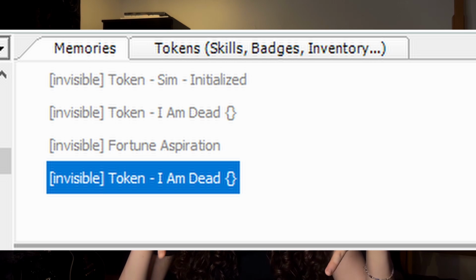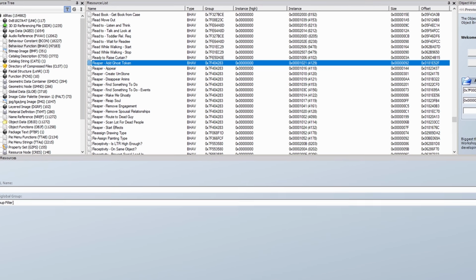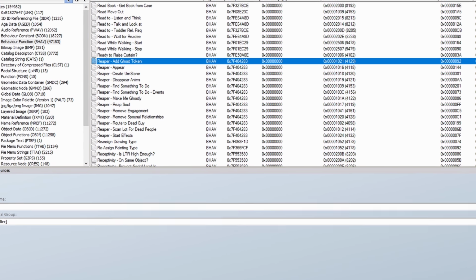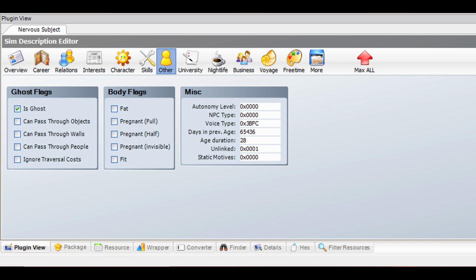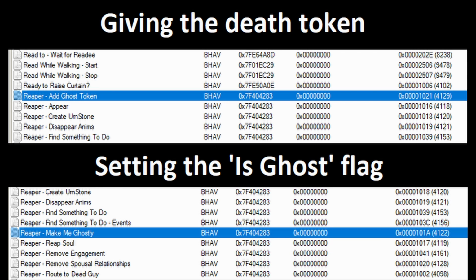Okay, so we now know what this token does. Why the hell does it even exist if we have the is ghost flag? Well, as I've said, every single sim in The Sims 2 that dies receives the I am dead token. Under normal circumstances, it's the Grim Reaper who gives that to dead sims, and he also sets the is ghost flag to true, but these two actions are triggered by two separate functions.